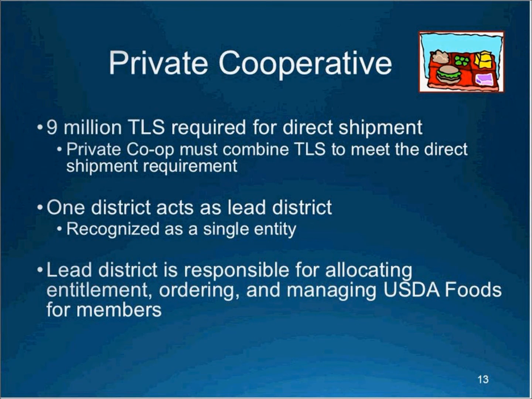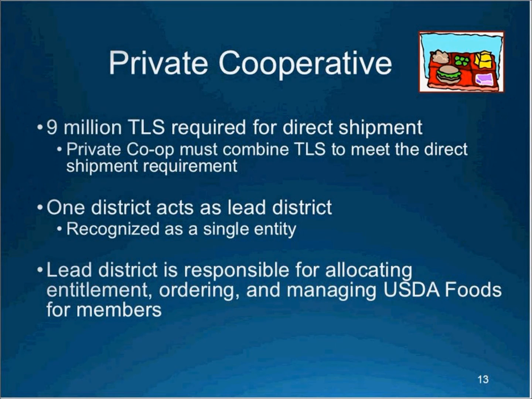Private co-op members still have the option of ordering brown box foods for their schools, diverting USDA foods to approved processors, and setting aside entitlement for the DoD program. However, it is done through their lead district and not directly through the CDE's food distribution program like allocation agencies and state co-ops. Delivery of USDA foods is done through the co-op's own delivery service or a private distributor.